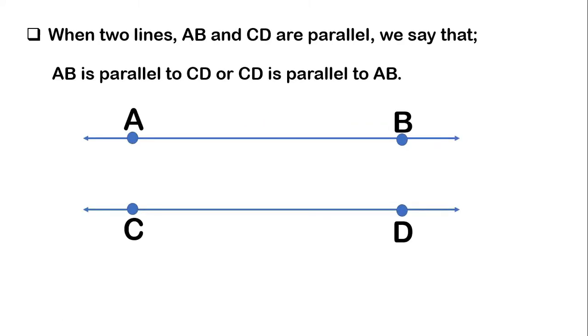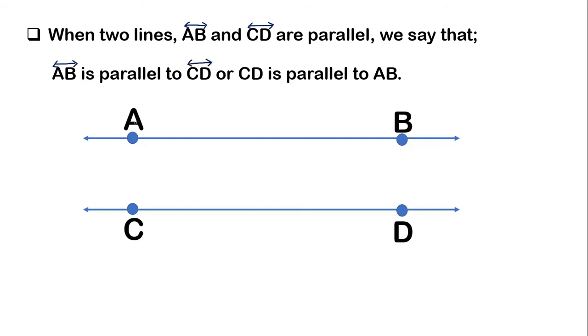Okay? Okay, so when two lines AB and CD are parallel, let me use this symbol to show that these are lines. Okay, so when two lines AB and CD are parallel, we say that line AB is parallel to line CD.